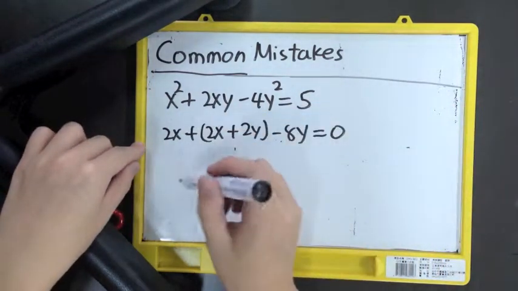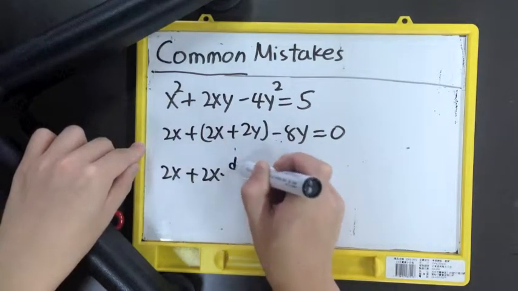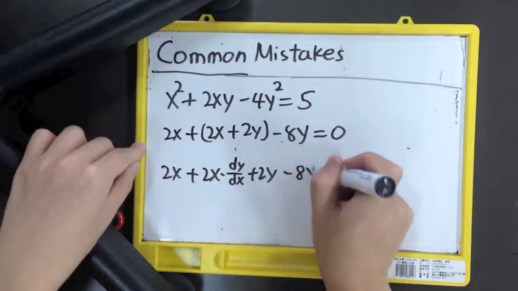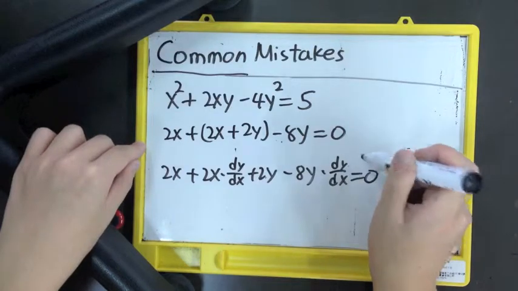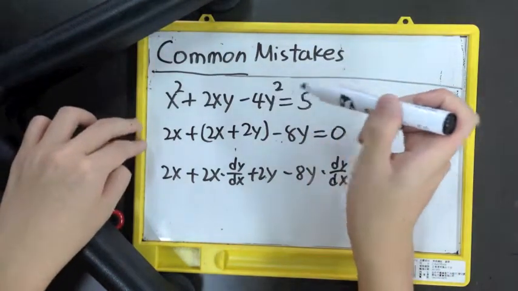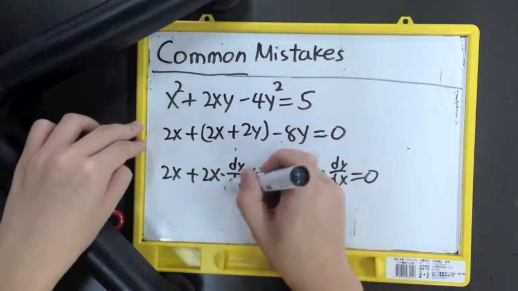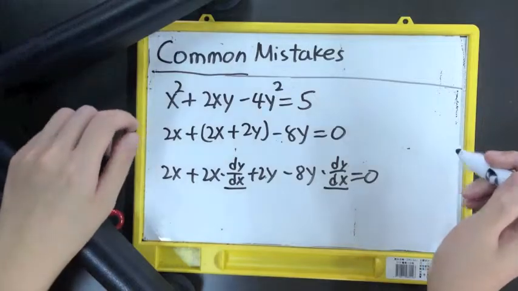The correct way should be 2x plus 2x times dy over dx plus 2y minus 8y times dy over dx equals 0. So basically, when you're differentiating a term with y, you need to multiply by dy over dx after the term, so it will be correct.